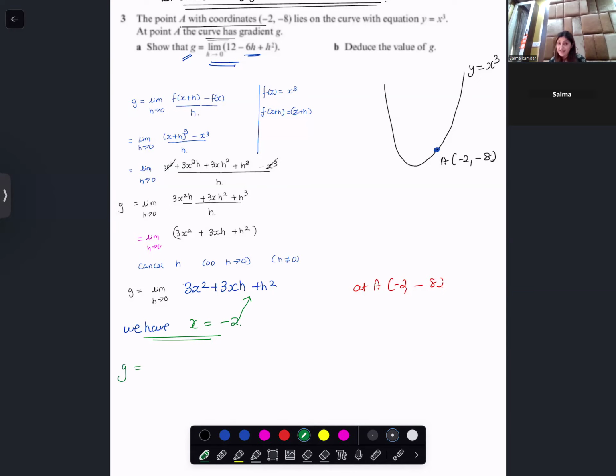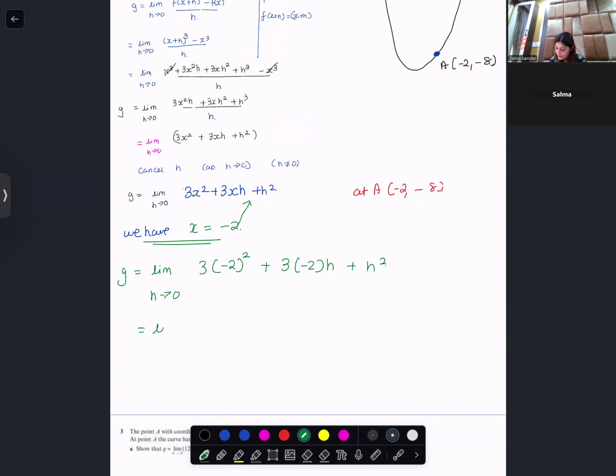So I have g is equal to limit h tends to 0, 3, instead of x, I'm going to put minus 2 square, plus 3 xh. So 3 minus 2h plus h square.